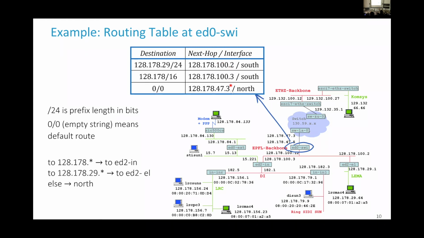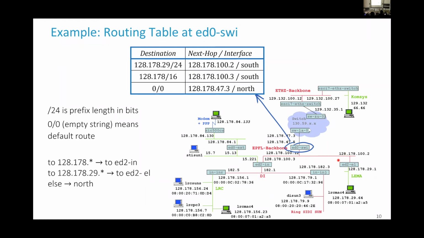So the router tables are, for example, here. This simple router has only 3 routing table entries. In reality, there are always a few others for multicast and loopback and so on. But the only interesting ones are those three. The first one is 128.178.129/24, which is this one here.